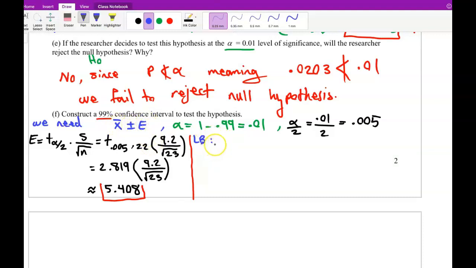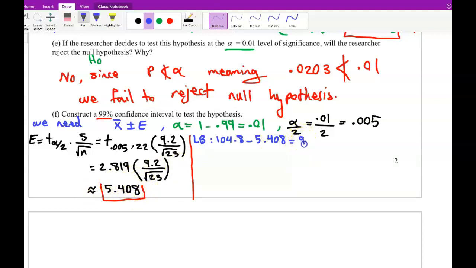So x bar is 104.8 minus 5.408. I usually should use not exactly equal to, because I rounded that number, but that's fine.